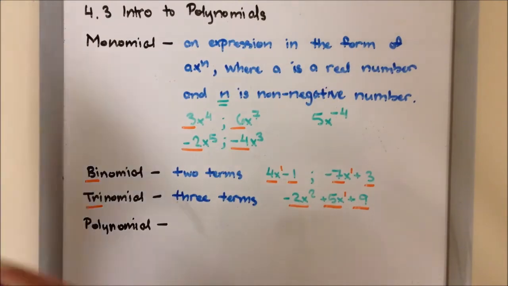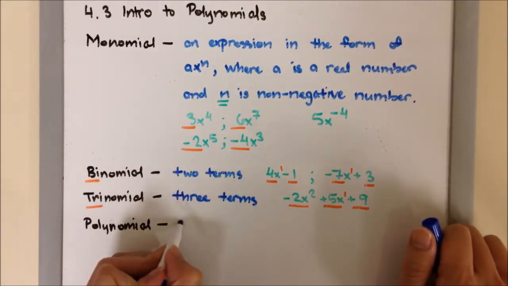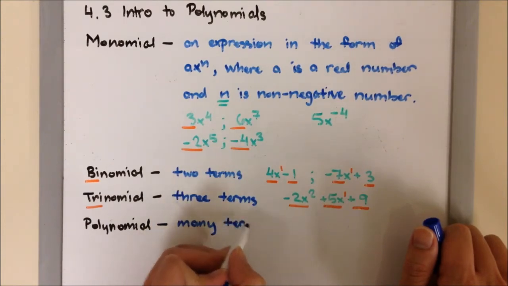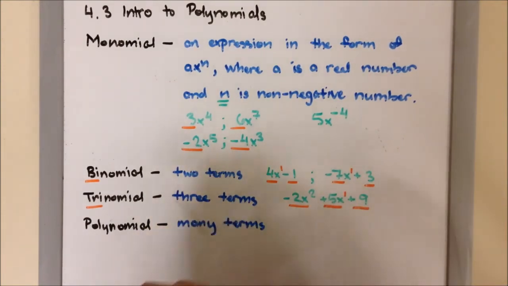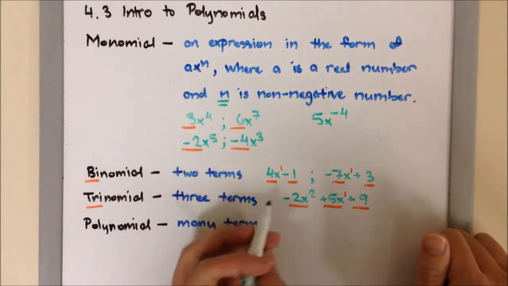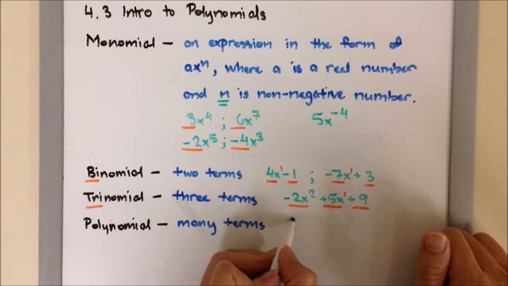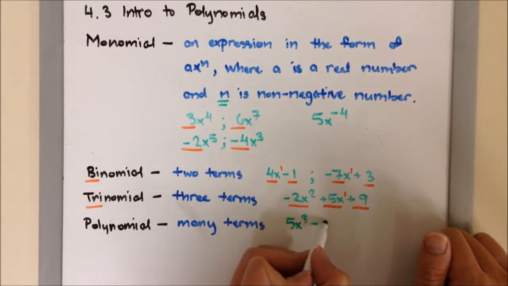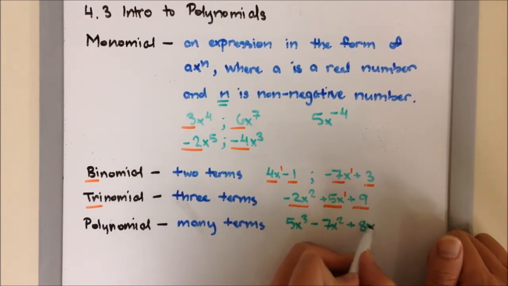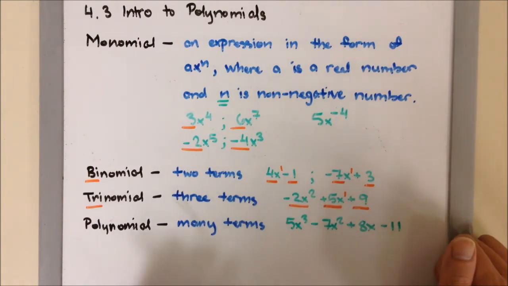For an expression where it's more than three terms, we call that polynomial. So polynomial means many terms. An example of a polynomial could be written as, say, 5x to the third minus 7x squared plus 8x minus 11.